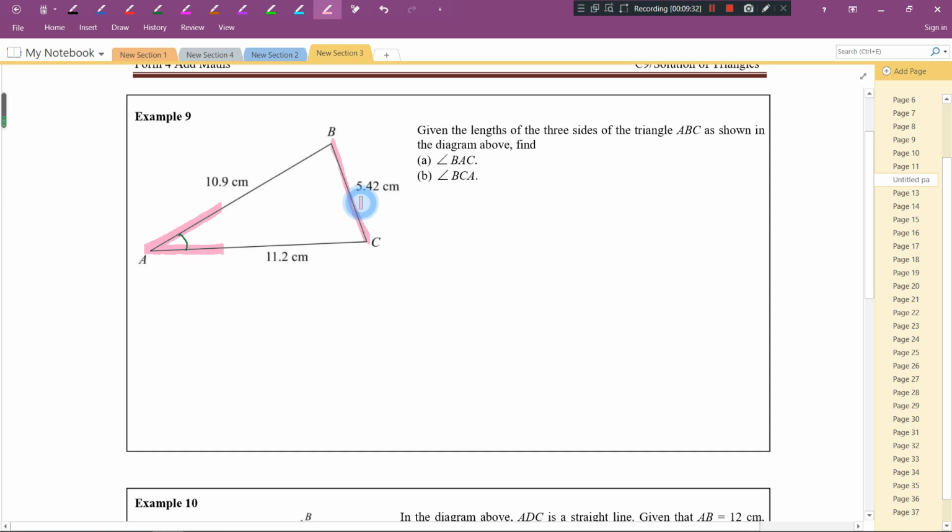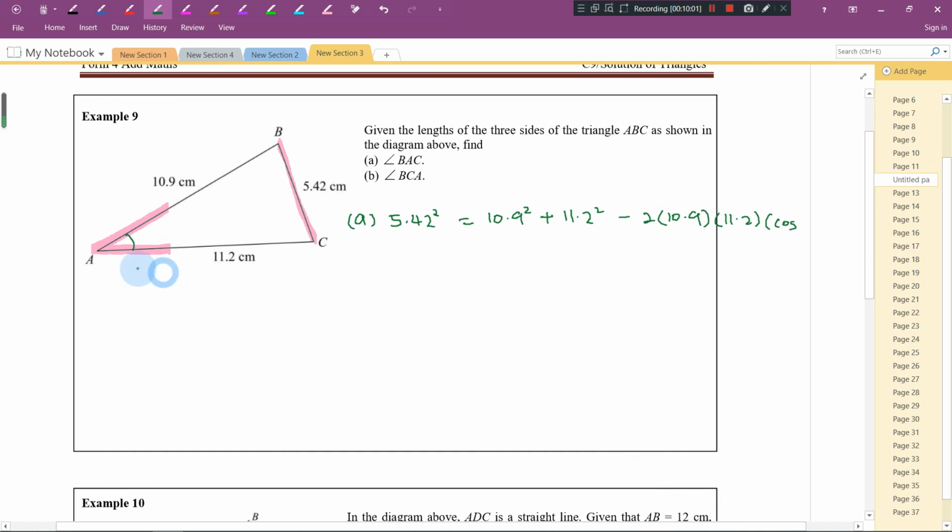So I'm going to use the cosine rule to help me get this angle. 5.42 square is equal to 10.9 square plus 11.2 square minus 2 times 10.9 times 11.2 times the cosine of angle BAC. Okay, so you can do it this way.